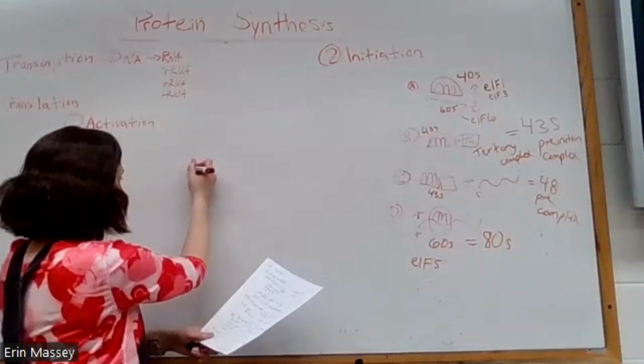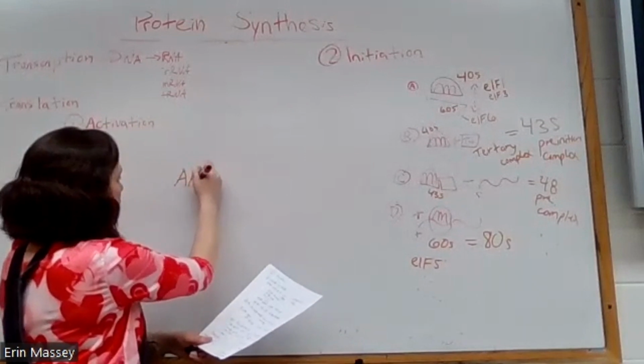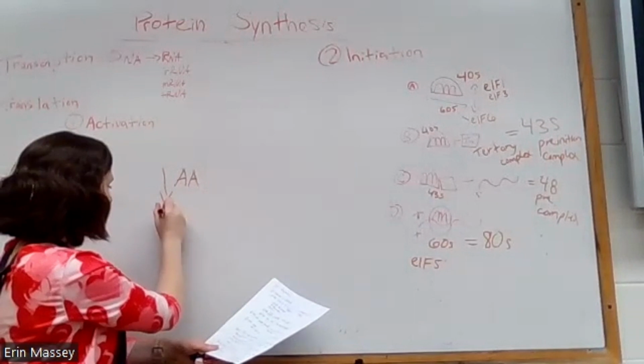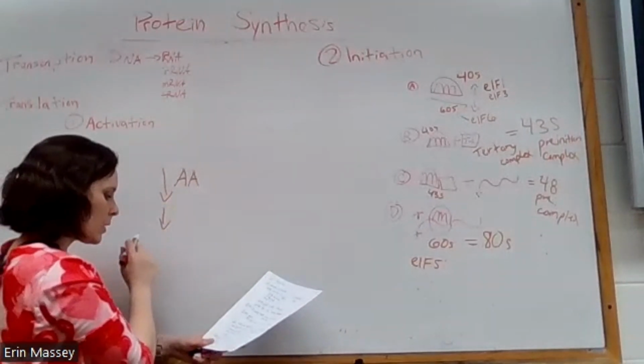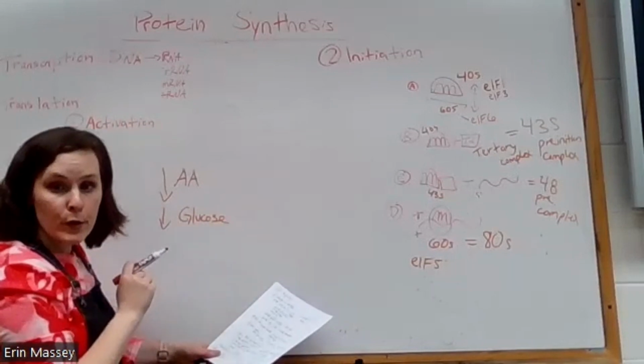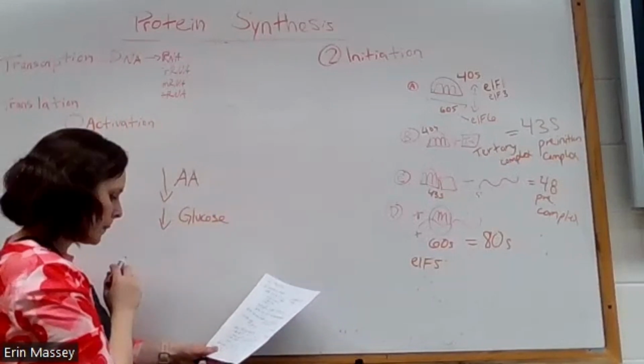They all go back to the same thing, is when you have a deficit in amino acids, so you're starving. When you have a deficit of glucose, we'll go back to why in a minute.